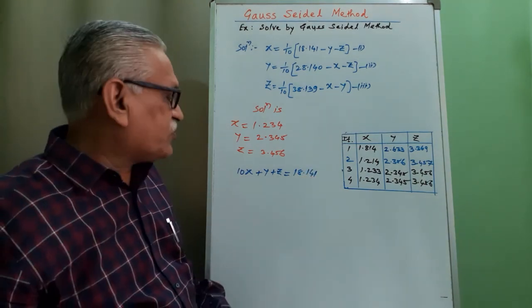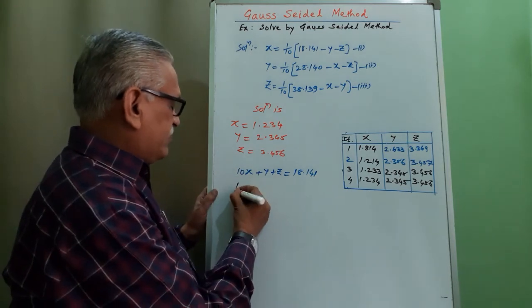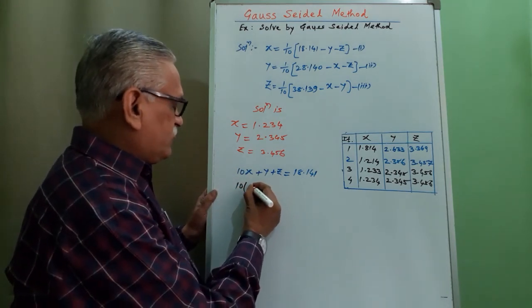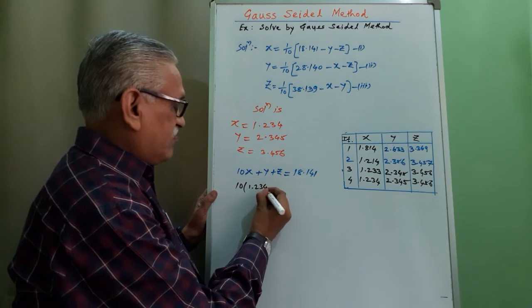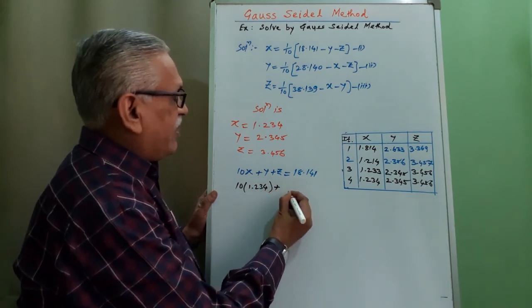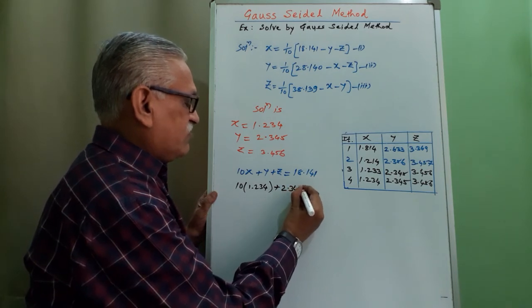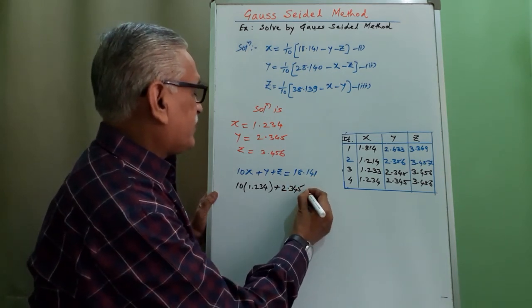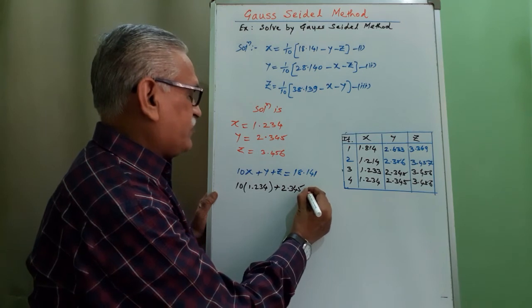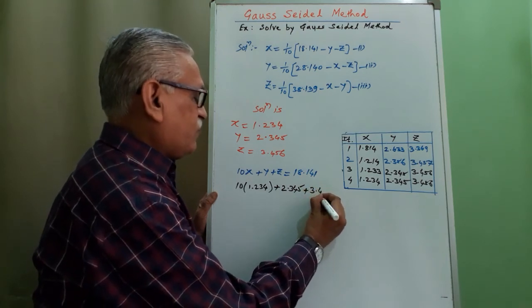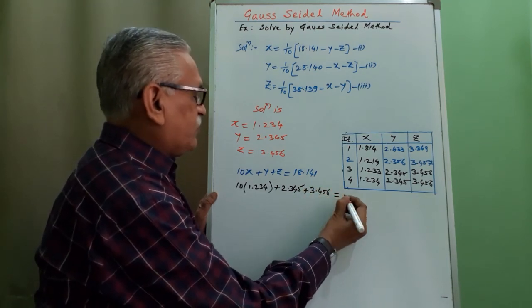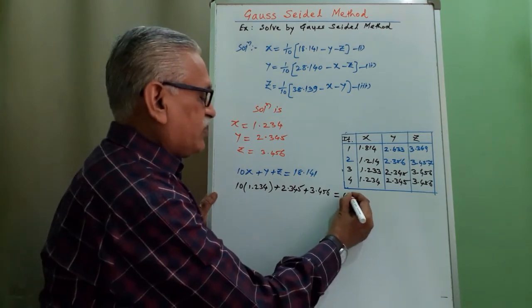Therefore, we cross check it. 10 into x, which is 1.234, plus y, 2.345, and z as 3.456. That must be equal to 18.141.